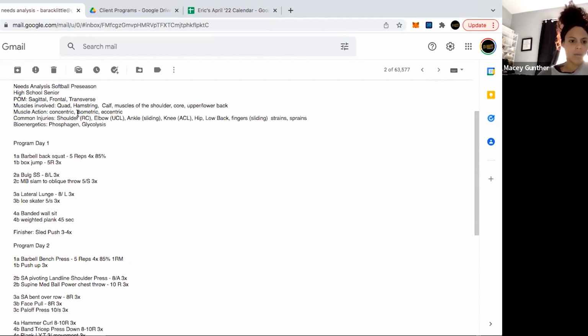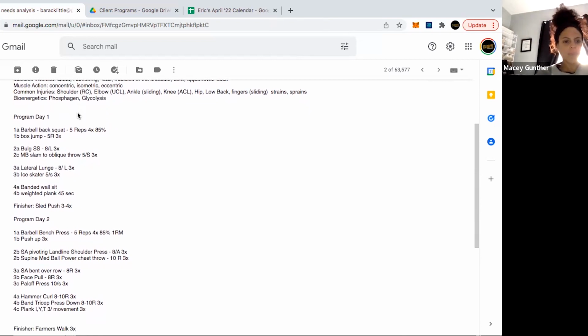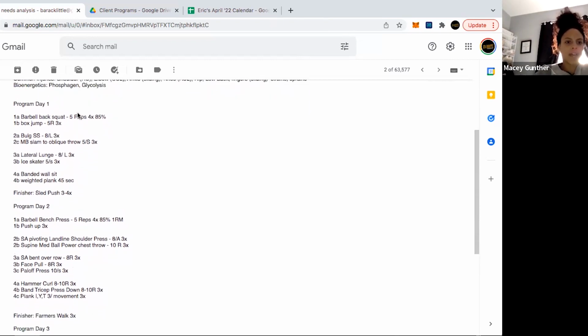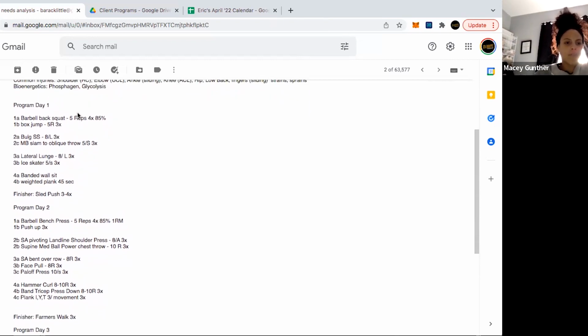The second one was Bulgarian split squats, 8 reps per leg for 3 sets, followed by a med ball slam to oblique throw, 5 per side there. Lateral lunge, 8 per leg for 3 sets, followed by ice skaters. And then banded wall sit for some isometrics and a weighted plank. And then the finisher was sled pushes.